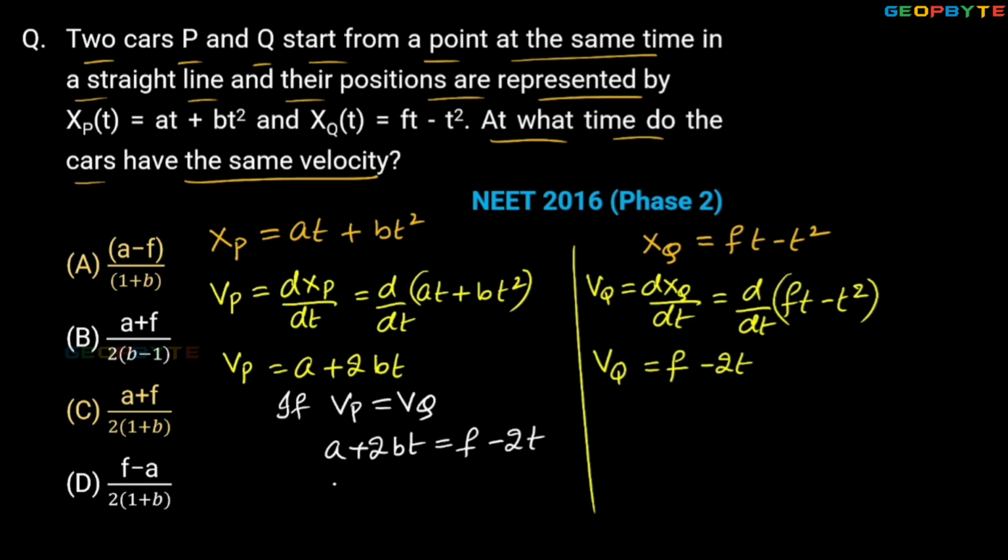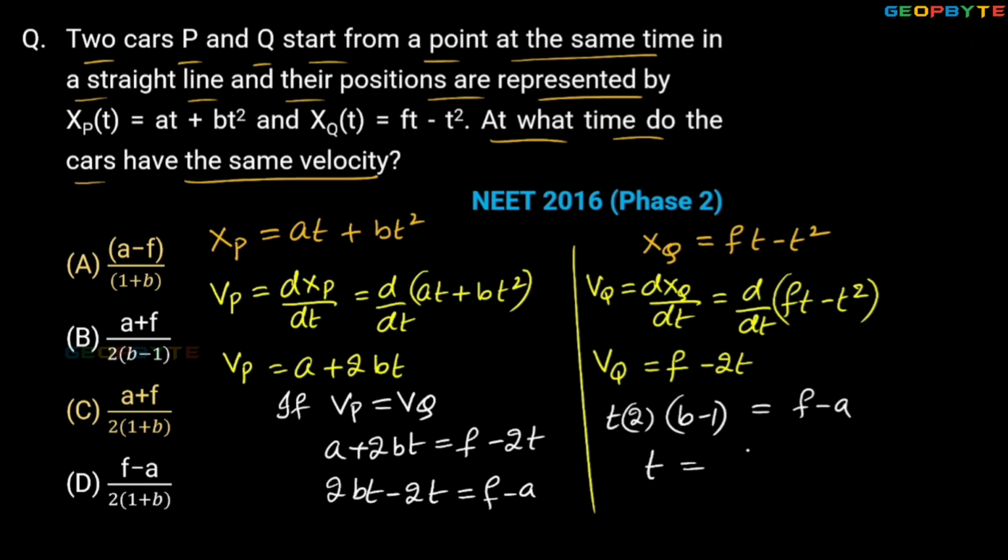From this I can write that 2bt minus 2t equal to f minus a. Let me write t into 2 outside: t into 2 outside, it is b minus 1, equal to f minus a. Therefore time t equal to f minus a by 2 into b minus 1.